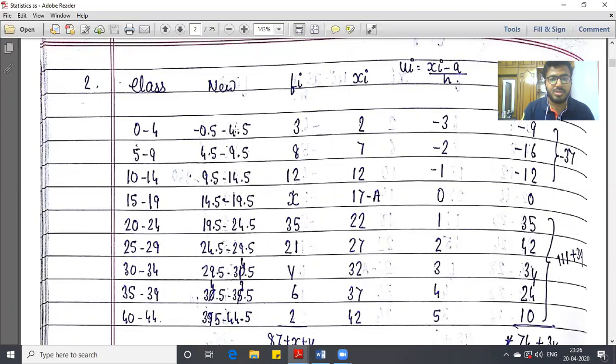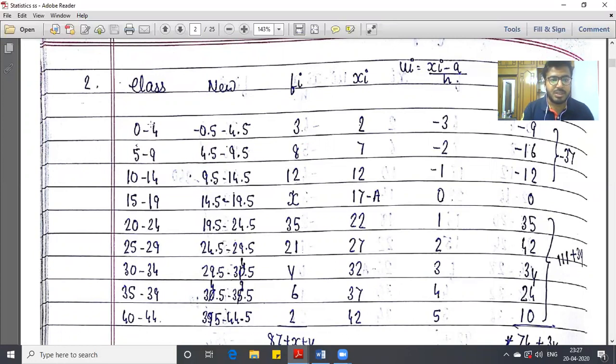Upper limit minus lower limit. So 4.5 minus of minus 0.5, minus of minus 0.5 means plus 0.5. So 4.5 plus 0.5 is 5. So that is the class length. Or you can look at the next one, 9.5 minus 4.5, which is 5. So the class length h will be 5.